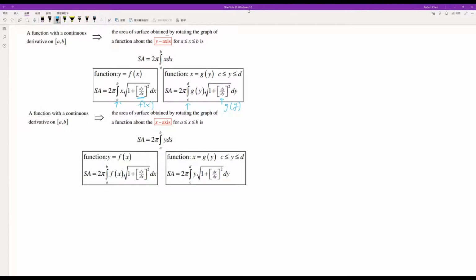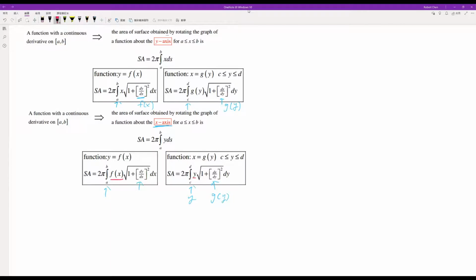And the second part is revolving about the x-axis. For the first one, we have x between a and b, and then f of x right here. And the second one is in terms of y, and that will be a function of y, let's say g of y. The main difference you're going to see is that this part right here is going to be different.